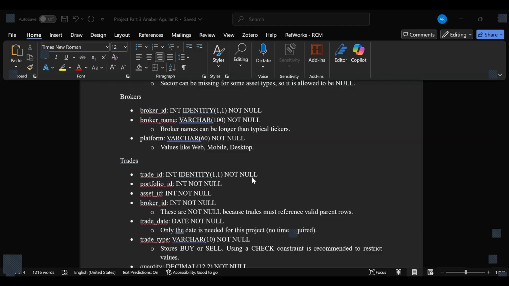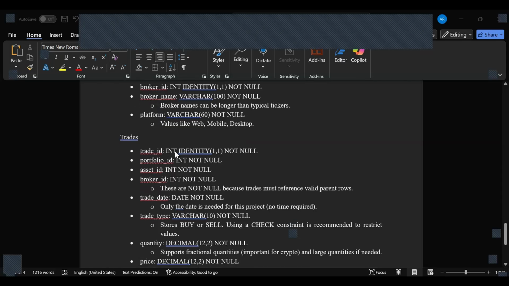Then for broker name, we selected varchar, and platform, again varchar, since it's a very small number of characters, like web, mobile, desktop, etc. For the trades, the trade ID, we selected integer identity, portfolio ID, integer, not null, same for asset ID and broker ID.